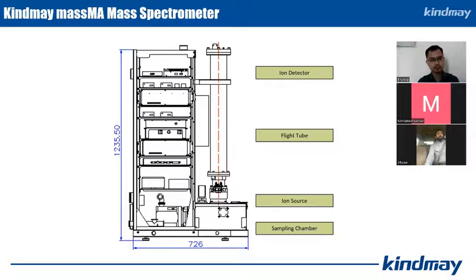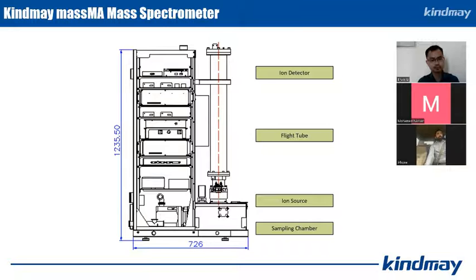And this is the physical structure of Kindmay MALDI-TOF. It is a benchtop design, weighing around 100 kilograms, and the hardware includes 4 parts: sampling chamber, ion source, flight tube, and ion detector. The sample chamber is used to place the sample. We can put the target here.